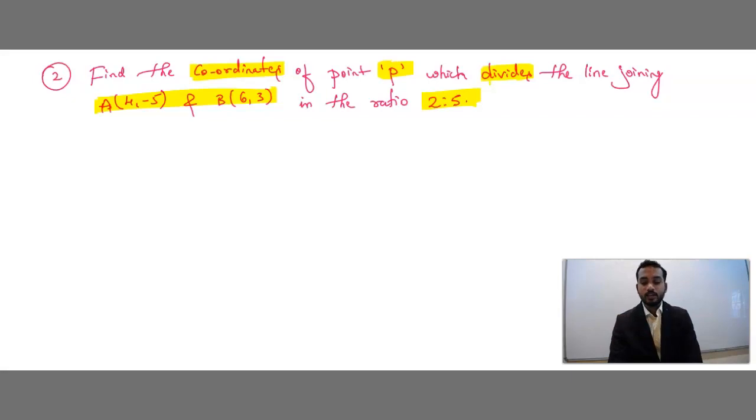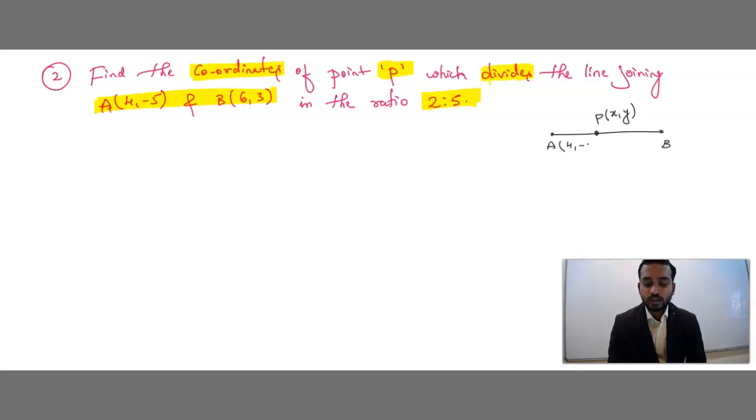Okay. See children, the question is very simple. Let me say this is A and this is a point B. Now here somewhere we have a point which is called P. So this P is dividing the line AB, with the coordinates x, y. So P coordinates will be x, y. And what are the coordinates of A?